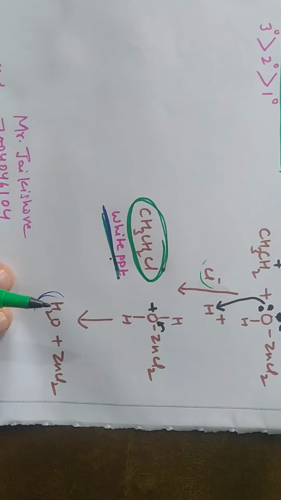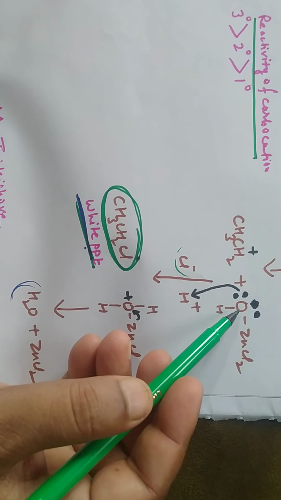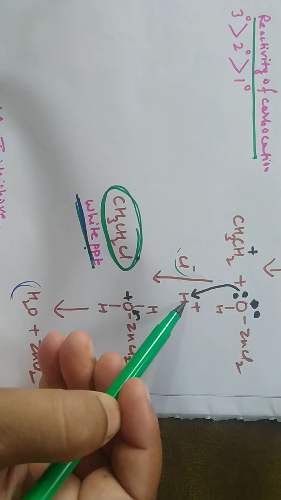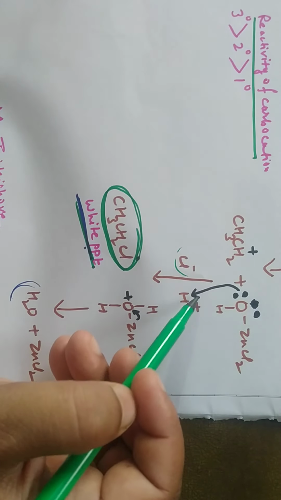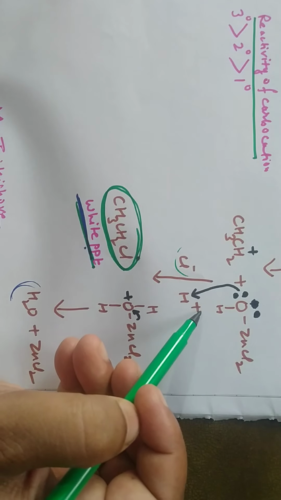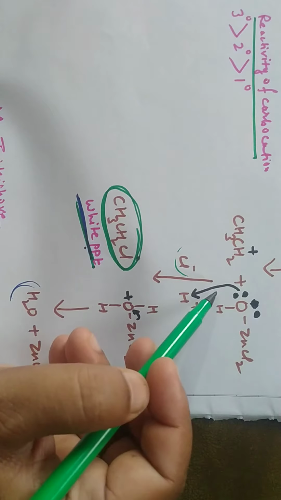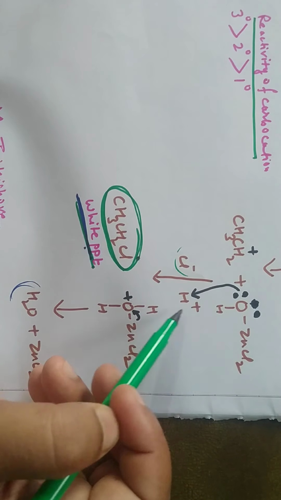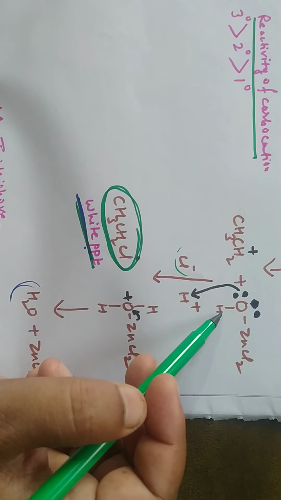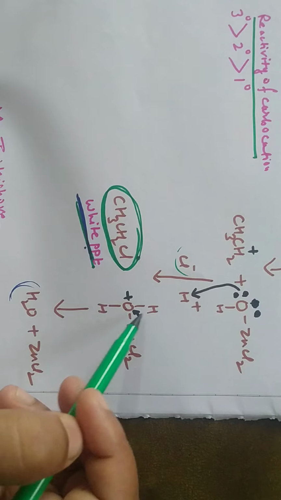Now after that you have seen that this species is formed, and there is H plus ion. H plus has no electrons, so it picks up the electrons of oxygen, because the hydrogen is positively charged and requires electrons. So a bond will form between oxygen and hydrogen. Here one hydrogen was there earlier and the second hydrogen came from HCl. So the bond is formed.